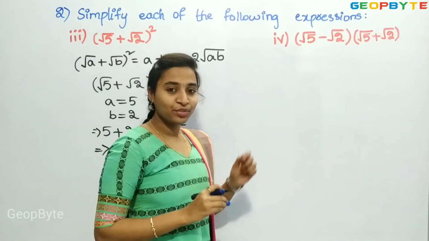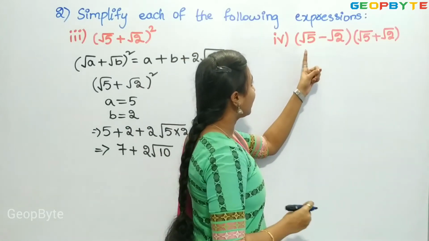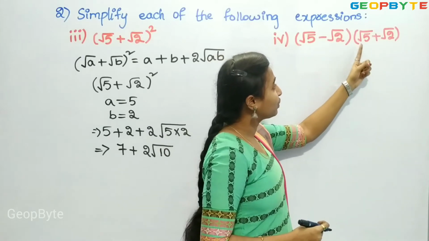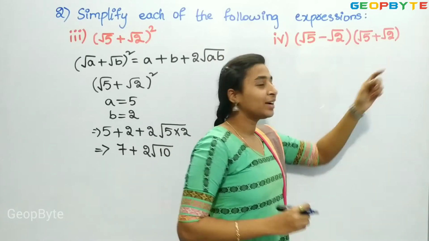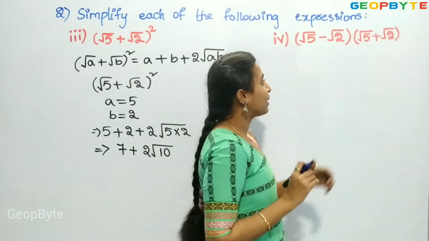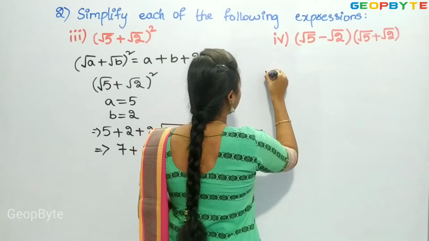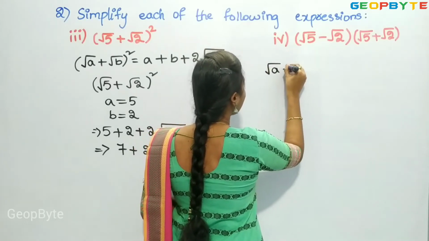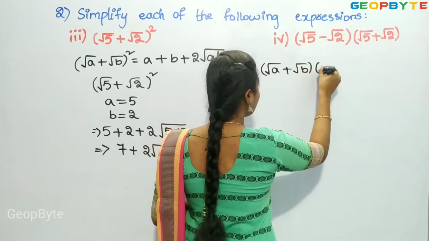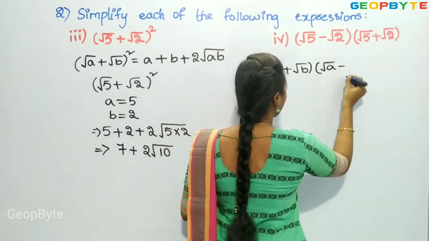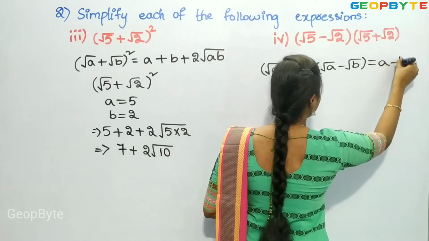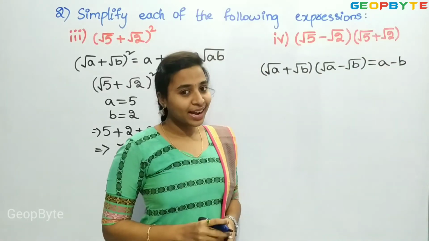Now let us see the fourth one. We have (under root 5 minus under root 2) into (under root 5 plus under root 2). It is similar to the identity (a minus b) into (a plus b), or (a plus b) into (a minus b). So (root a plus root b) into (root a minus root b) gives you a minus b. This is the identity.